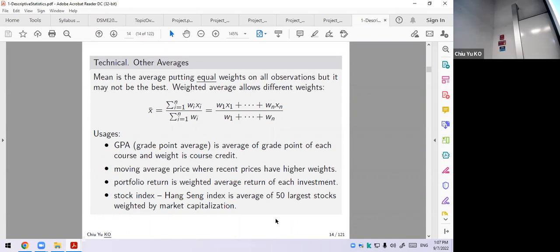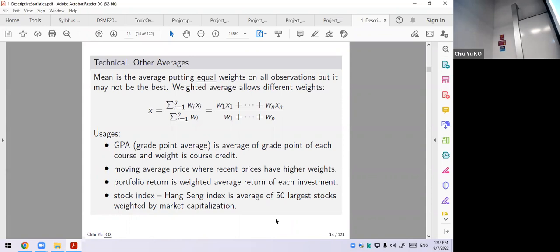The calculation is very simple: each observation has a weight, Wi, and you multiply each observation by its weight and divide by the sum of the weights. In the standard case, each observation's weight is 1, equal weighted. When the Wi are 1, or any same number like 2 or 3, you go back to the original equation, the simple average.